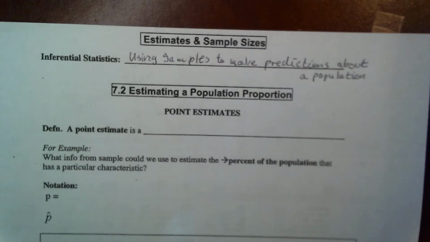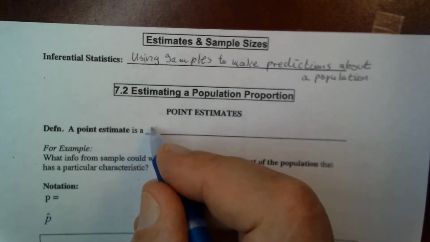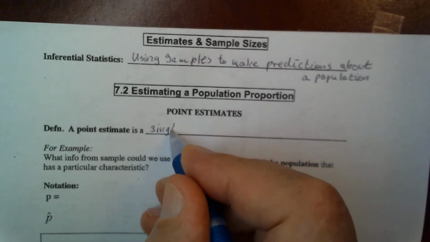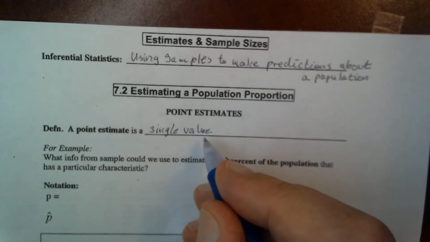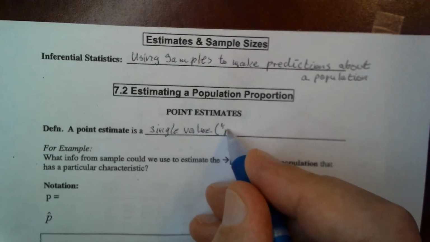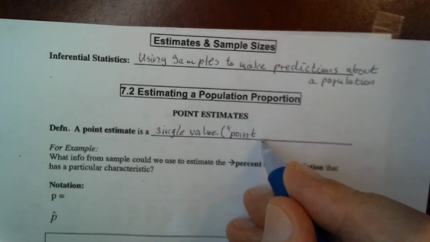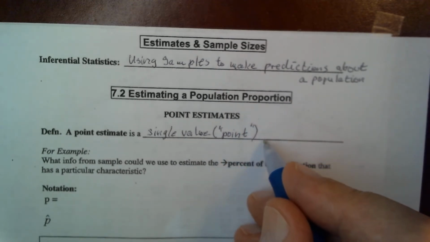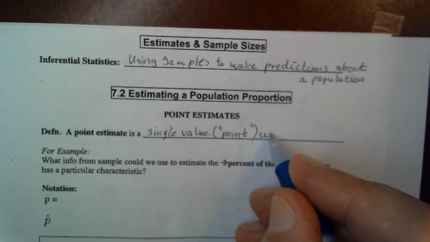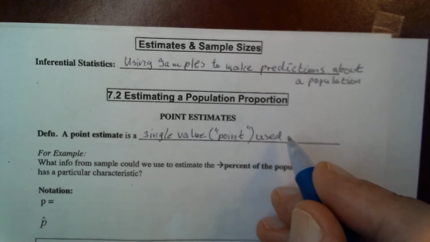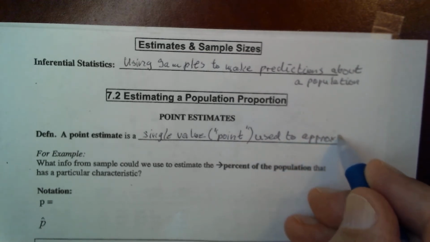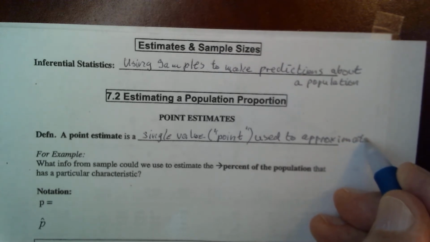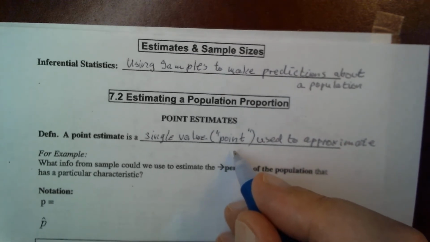The definition of a point estimate: it is a single value or point, therefore the word point estimate, that is used to approximate a population parameter.